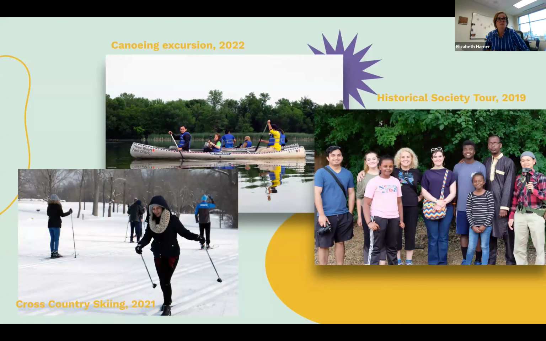Well, she makes sure that they have things to do throughout the year that are part of their community in the classroom. That includes history walking tours, canoeing excursions. They went maple sugaring a few weeks ago, cross-country skiing. And that's the partnership that she's built up with our park system. It's just a really cool thing to watch.